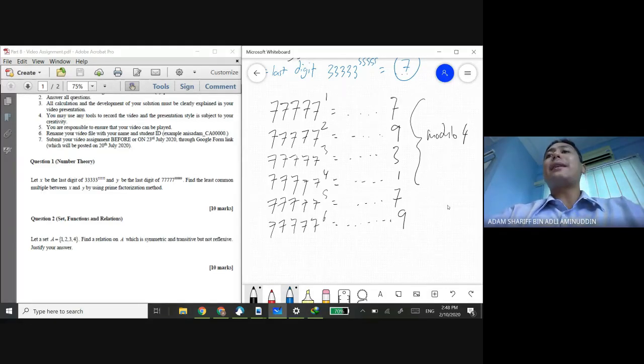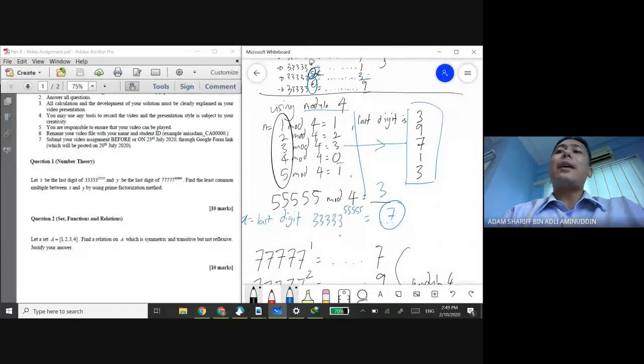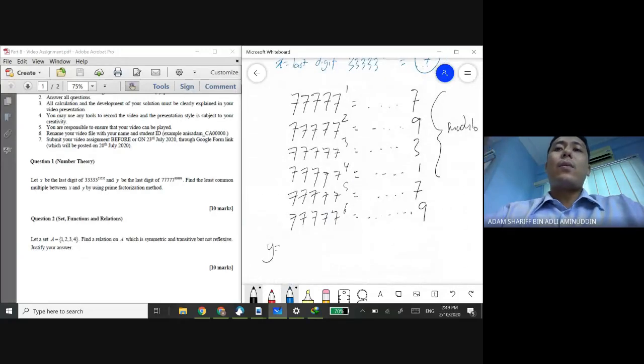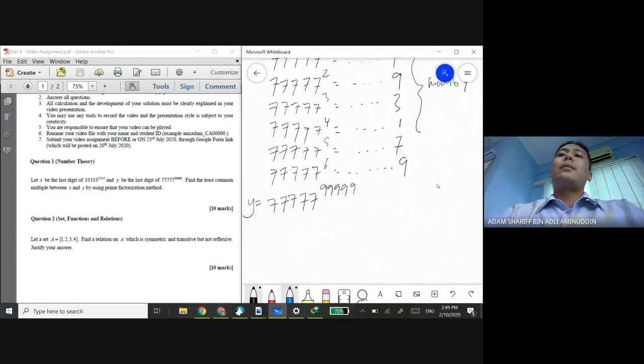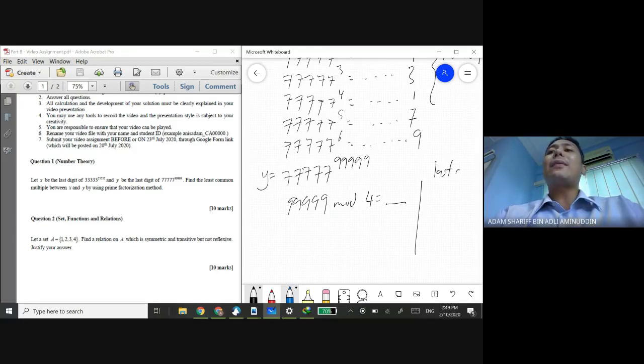And by using that same idea, you apply the one at the top just now, and you will get the last digit of y equals 77777 to the power of 9999. So 9999 mod 4, what you will get, you map it with the last digit of its respective power.